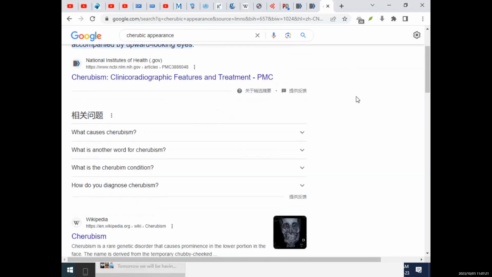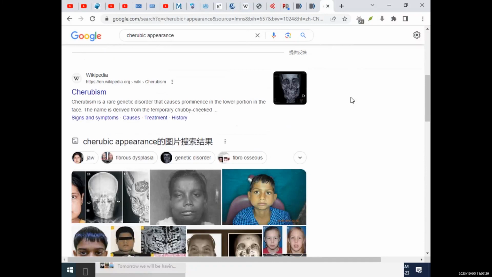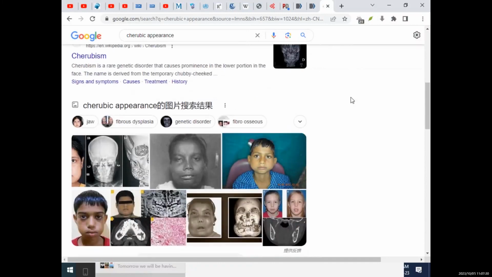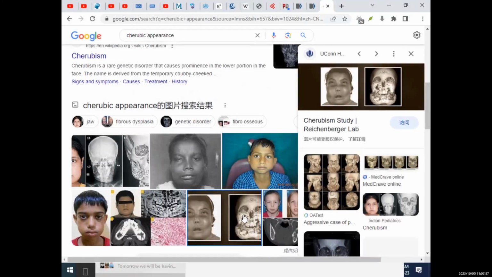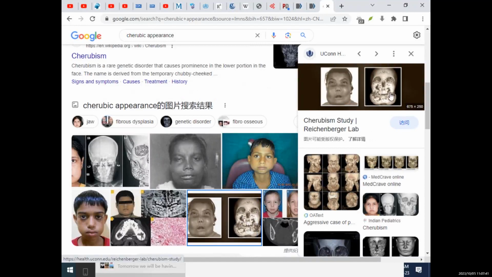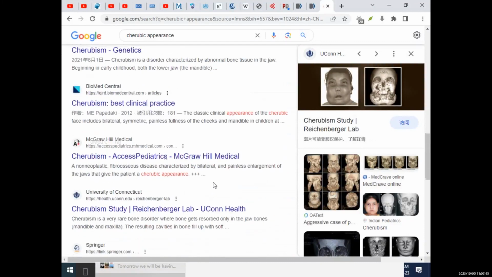How is that possible? Well, a genetic disorder. I never saw this one before. Well, I even see here somebody who is having cherubism, but in this case, they are just telling us that he has a cherubic appearance.